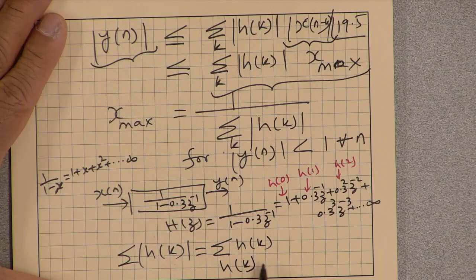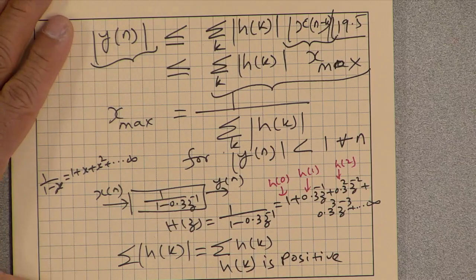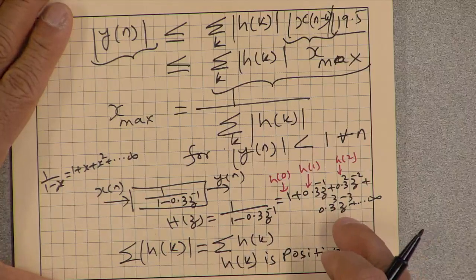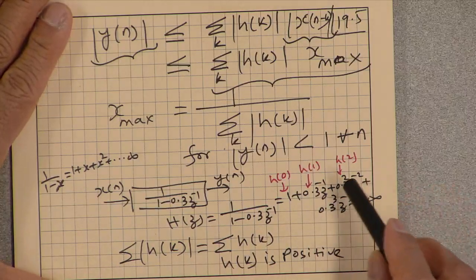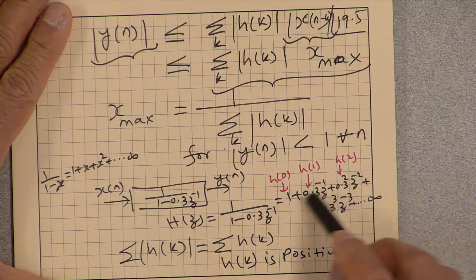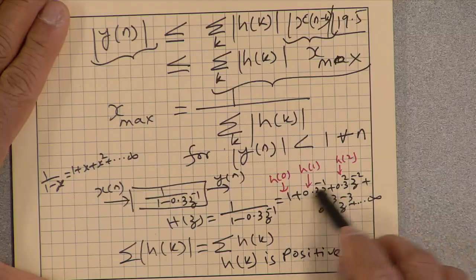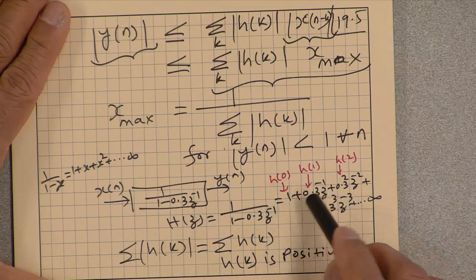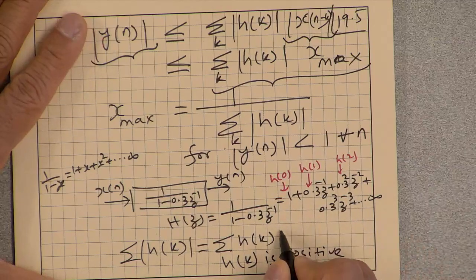Because hk is non-negative, in this case positive. You could always say, okay, I can add 1 plus 0.3 and all these things, and take the geometric series, and that brings you back to 1 over 1 minus 0.3.